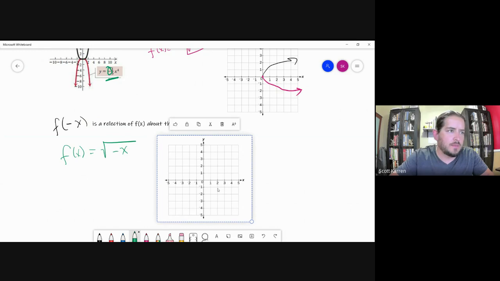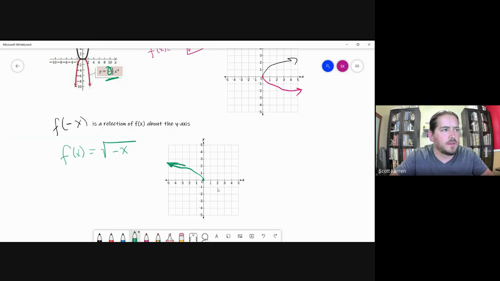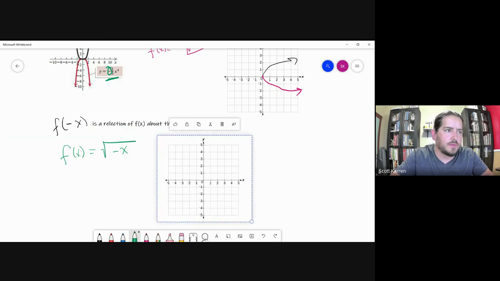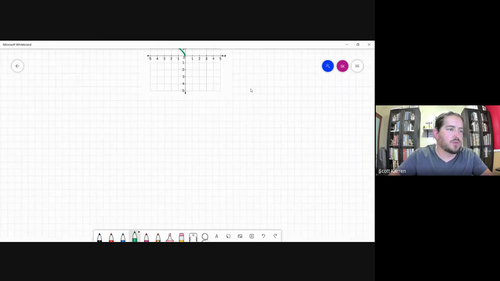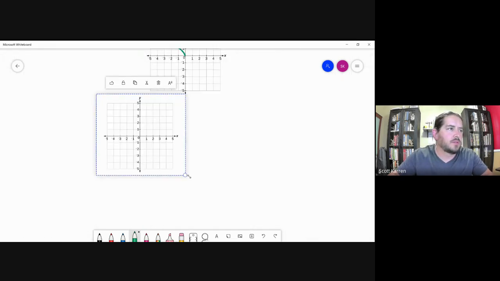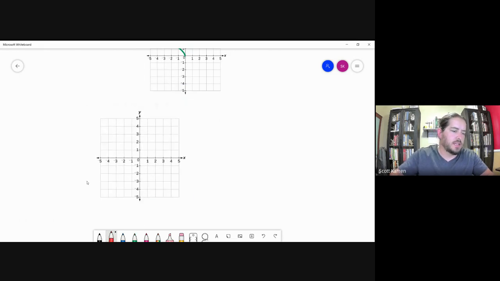And it looks like that, right? I don't know why these are so hard. But it looks kind of like that. So if I have something like, say, just a random graph, let's say that f of x is red.